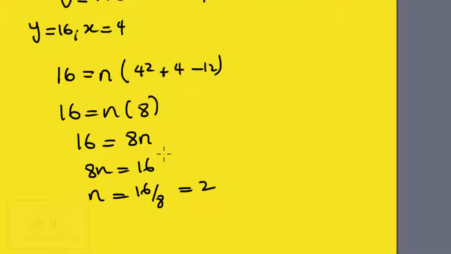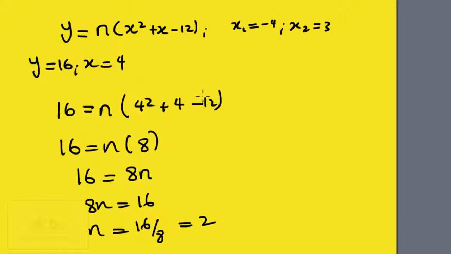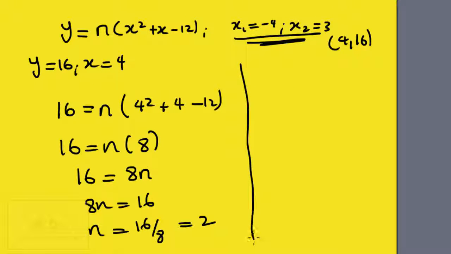This means that when n is 2, we have an equation whose roots are these, and an equation which is such that the point (4, 16) lies on its plot. So let's test this.